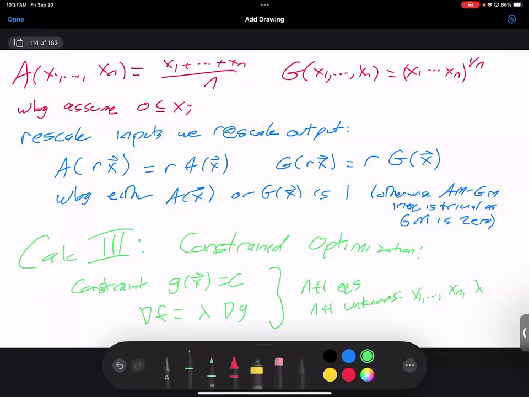I'm sorry, these are how you find the points on the boundary. If you want to find the points inside, then you would just use the standard, the derivative or the gradient is 0. We know here that we don't have to really worry about the points inside, because to get inside the region, you would make one of the x's smaller so that the sum is no longer 1 or the product is no longer 1. It's enough to just do things on the boundary. So you can play these games over here.